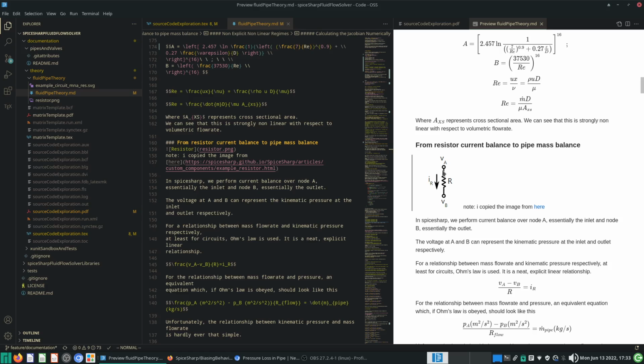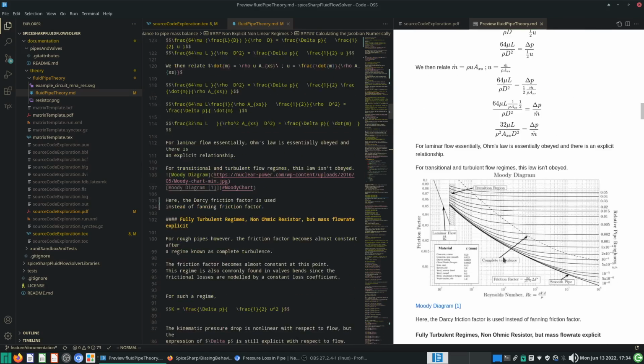What we are doing with nodal analysis is to perform a current balance over node A and node B for this resistor. And what does Kirchhoff's law say? Kirchhoff's law says that the current flowing in and out of node A, when you sum them together, must be 0. The current flowing in and out of node B, when you sum them together, must be 0.